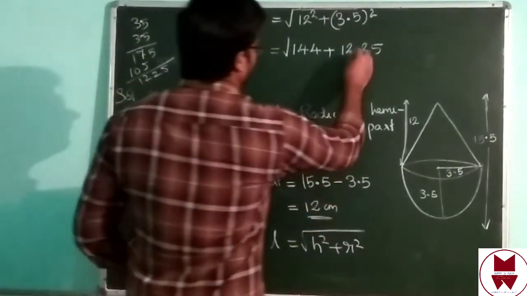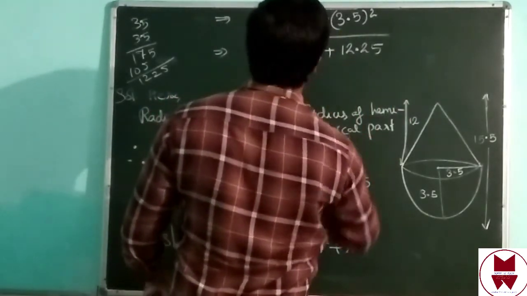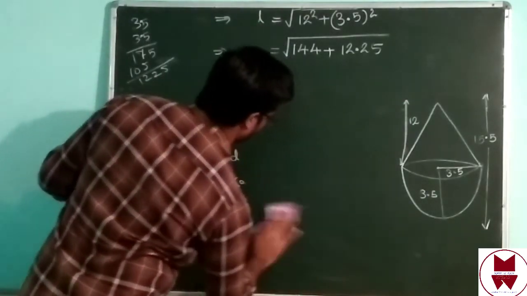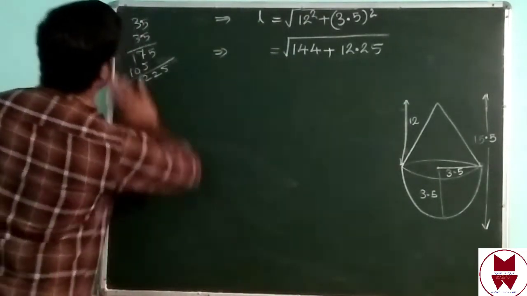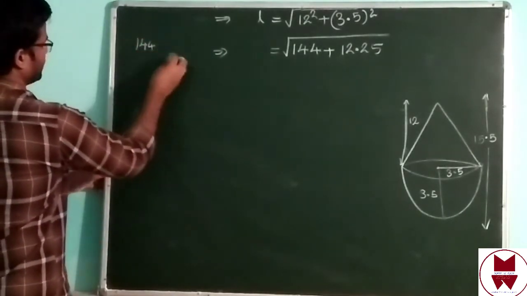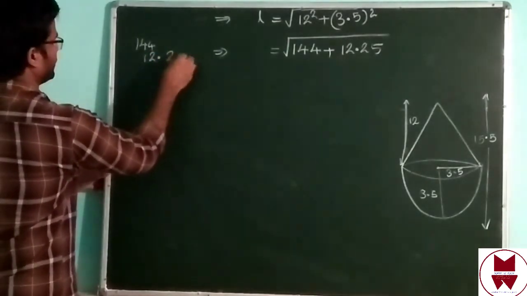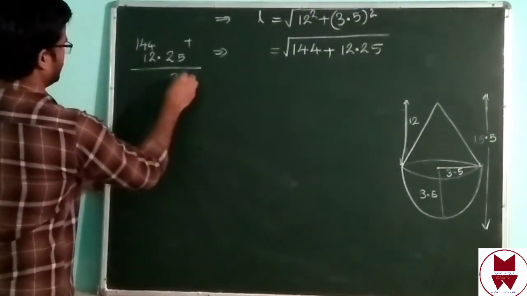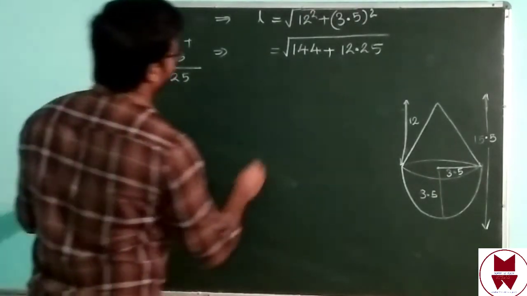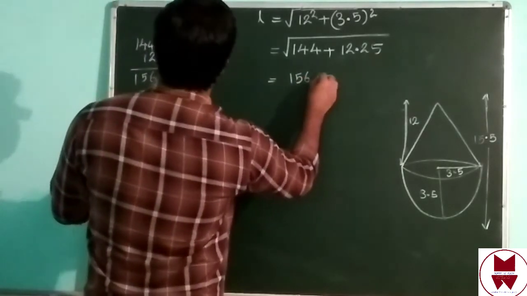That means in answer also we have 2, right? After point 2 numbers, 12.25. We can add 144 and 12.25, we get 156.25.